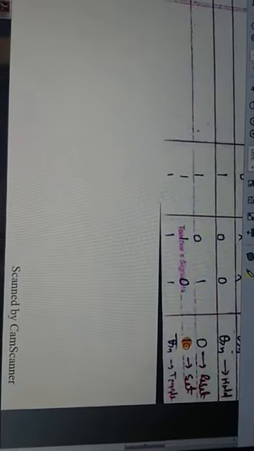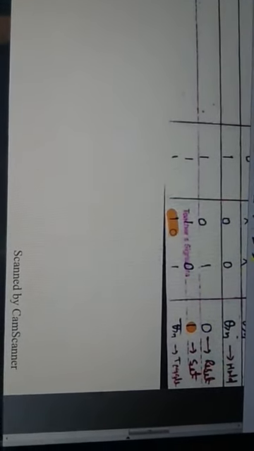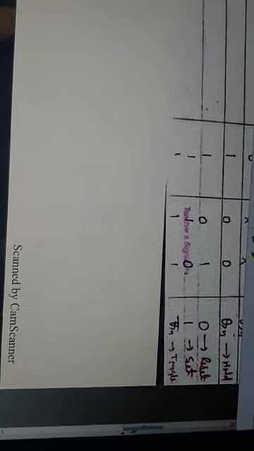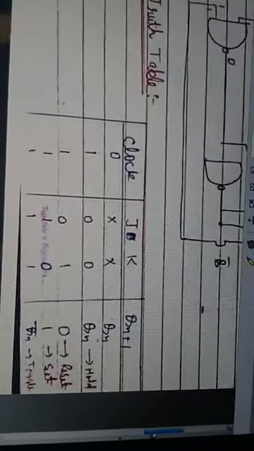But the final case is where both are 1, J 1 and K 1.